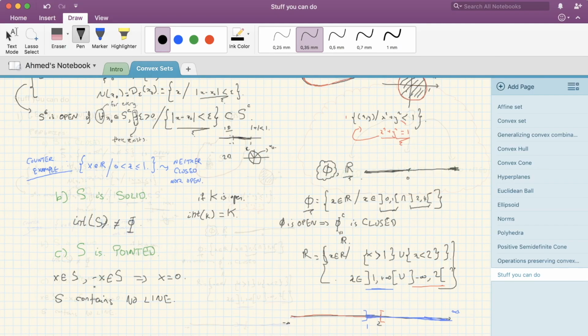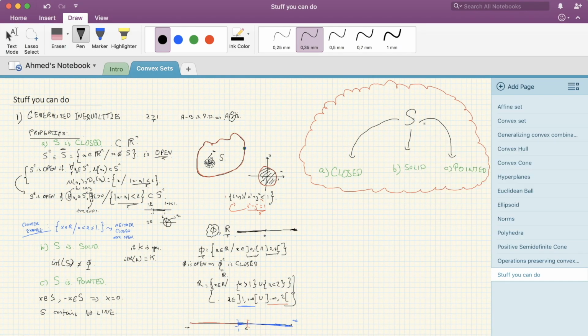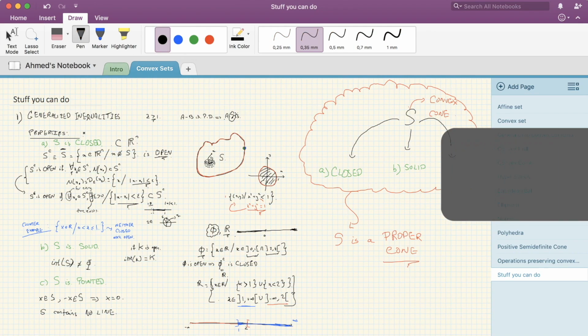Okay, going back to the set S, if our set S satisfies the three properties which are closed, solid, and pointed, and on top of that, if S is a convex cone, we can then say that S is a proper cone. So if S is a proper cone, there's a lot of cool stuff we can do with S. One is you can go ahead and generalize inequalities that you know.